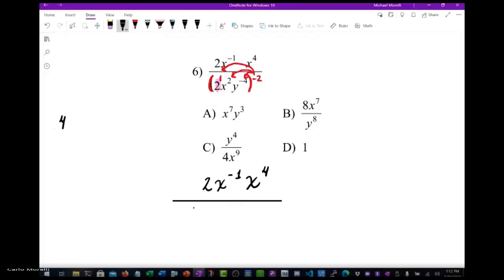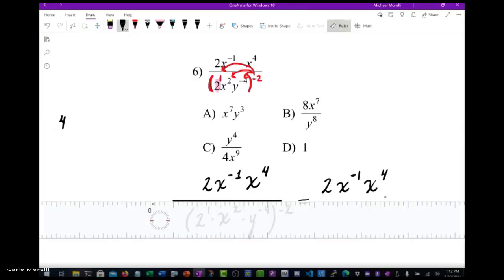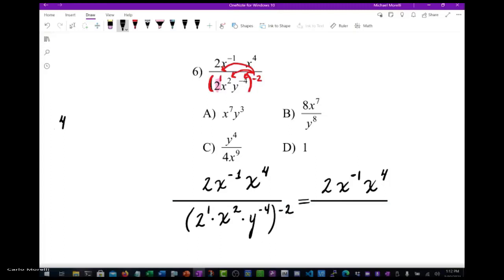So I'll rewrite, and I'll go ahead and put 2 to the first times x to the second times y to the -4th, close parentheses, -2 outside. We already know what we're going to do. We're going to leave the top the same. So that's going to be 2x to the -1st, x to the 4th. Then I'm going to drop that fraction bar there, and underneath, I'm going to write this distributed multiplication going on.